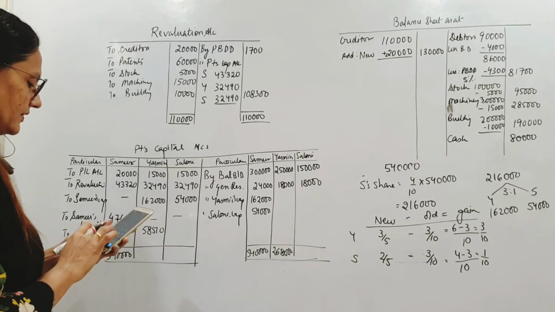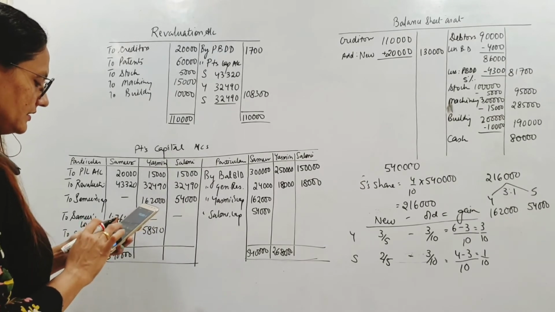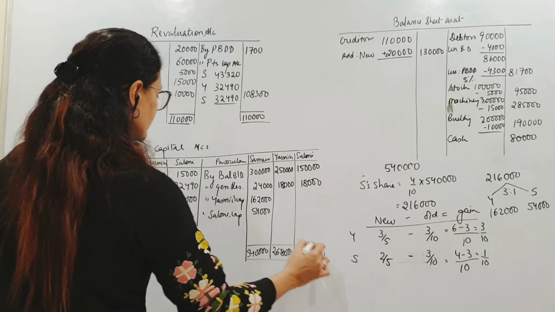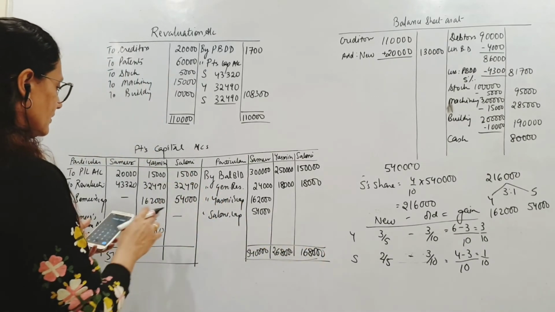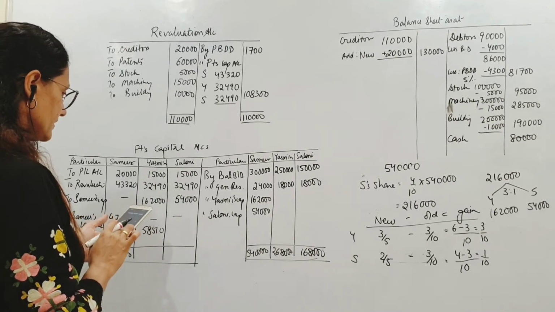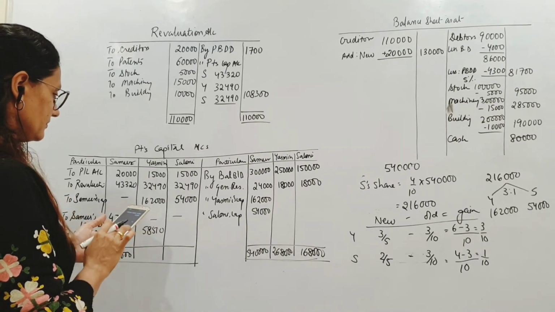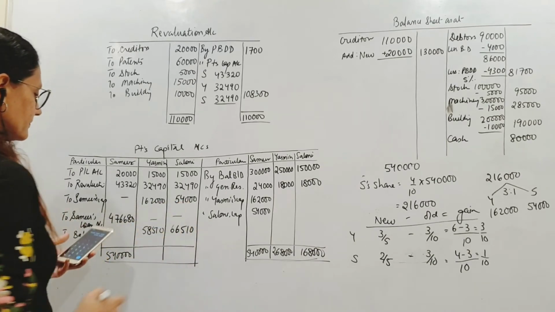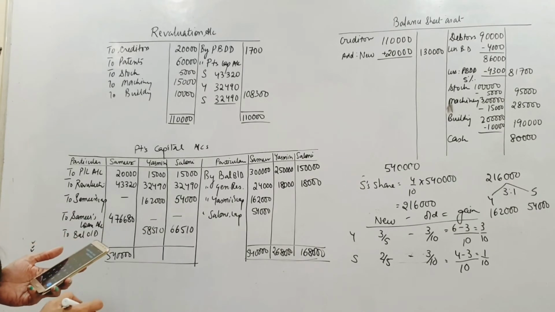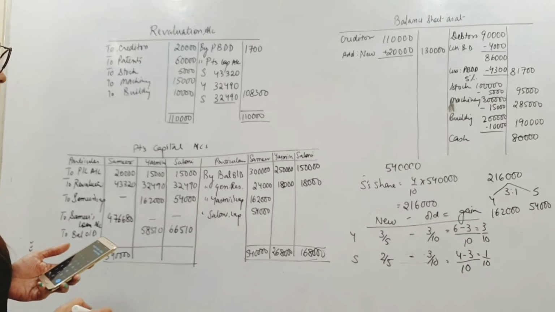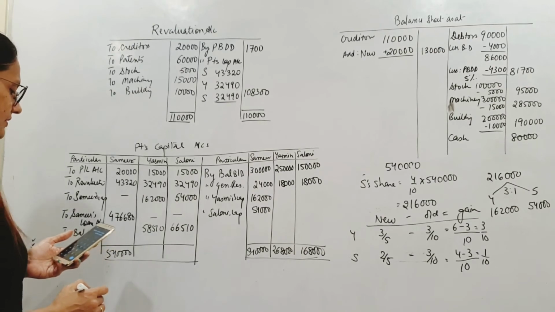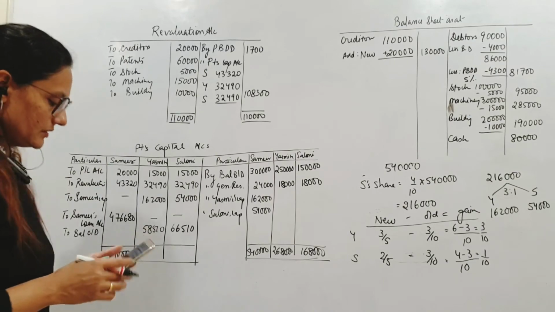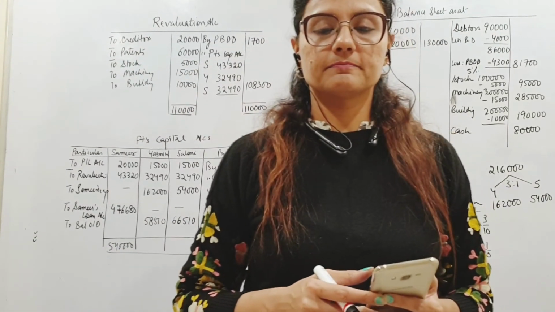And here we have 1,50,000 plus 18,000, 1,68,000 minus 32,490 minus 54,000, it's 66,510. These are the closing balances of the partners.